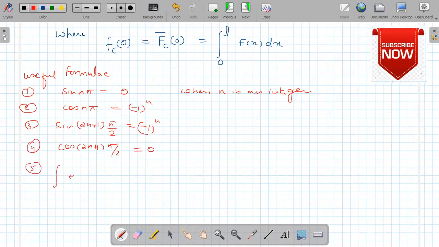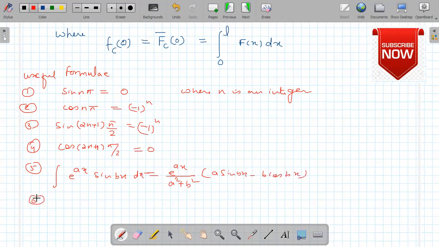Similarly, we have the integral of e raised to the power ax sin(bx) dx. Its integration is e raised to the power ax over a square plus b square, times (a sin bx minus b cos bx).